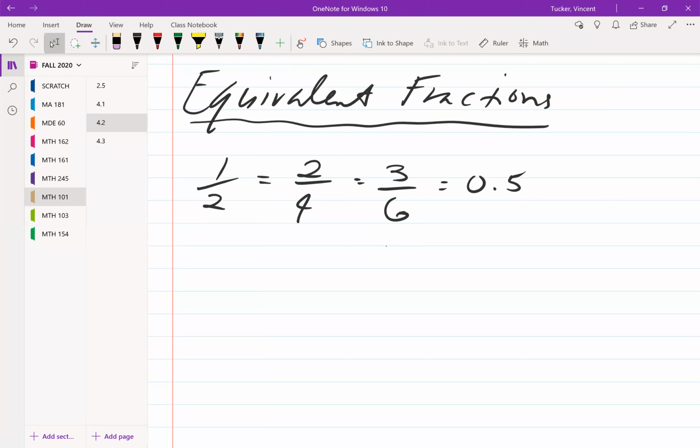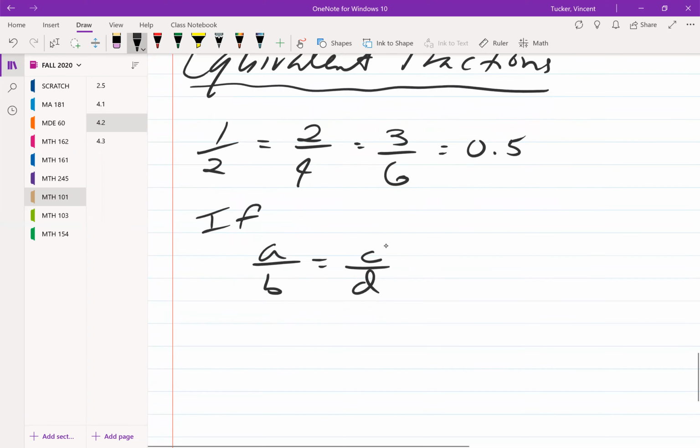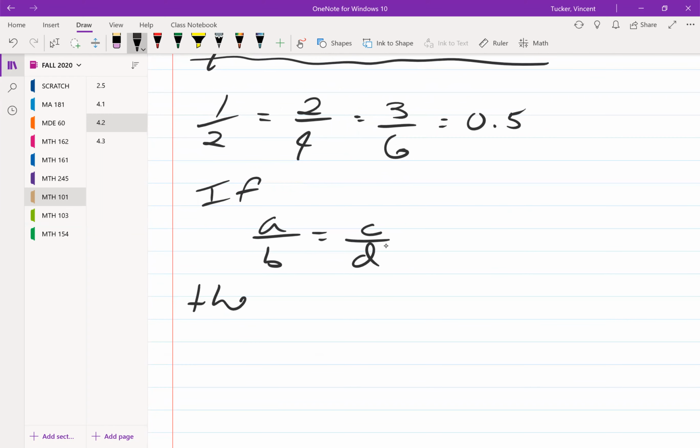One way we'll be able to determine if we have equal fractions or equivalent fractions or not is by your cross multiplication relationship. If A over B is equal to C over D, and when you cross multiply, AD is equal to BC.